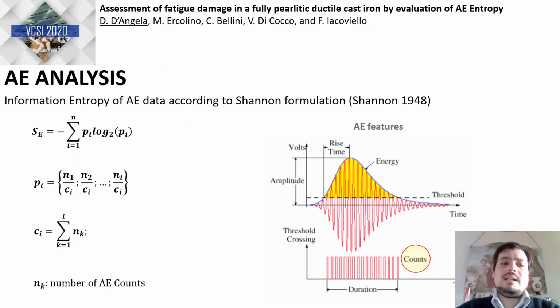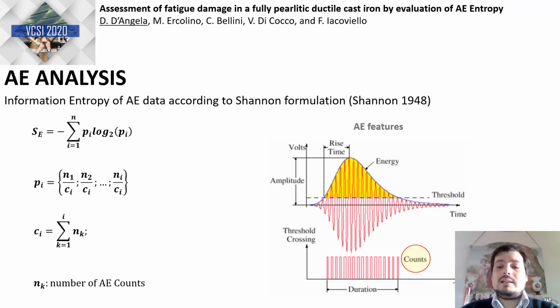The acoustic emission analysis was performed according to the evaluation of the Shannon entropy. You can see on the left the equations for the calculation of SE, that is the Shannon entropy. Actually, Pi is representing the vector of the probability distribution of the counts of the acoustic emission.